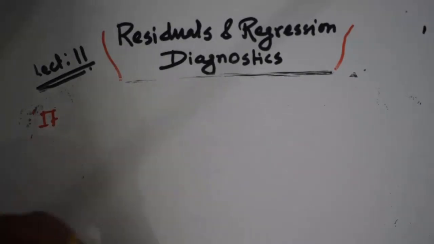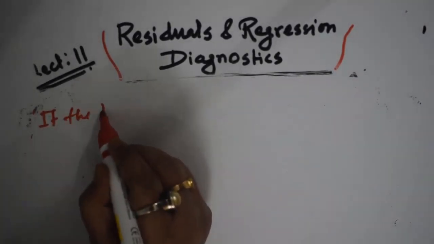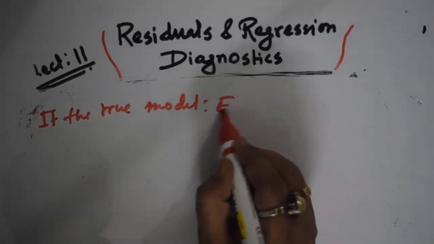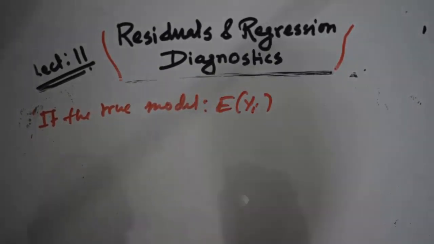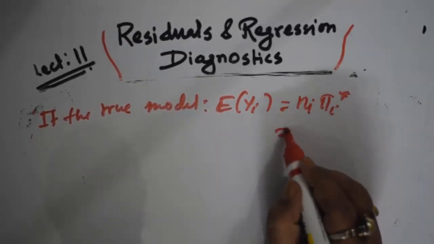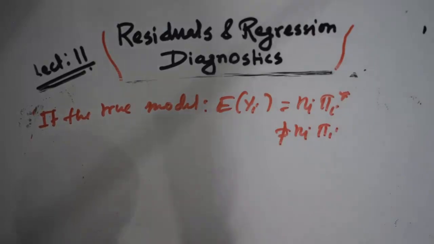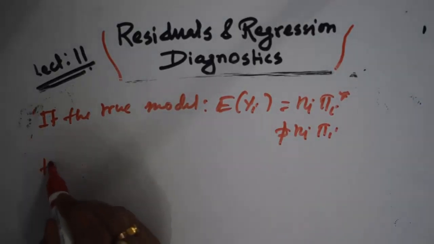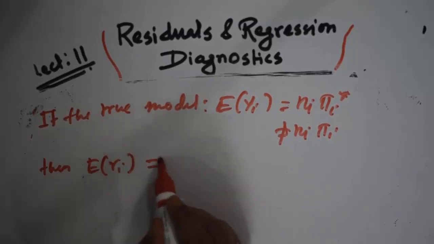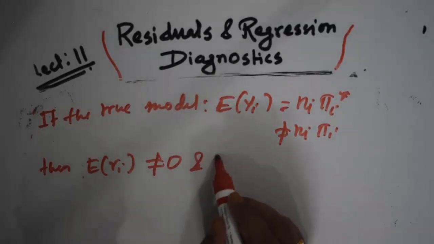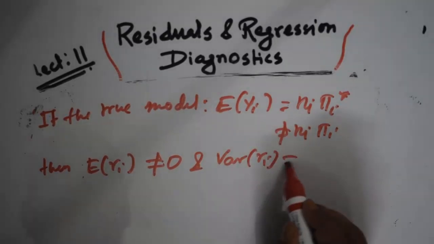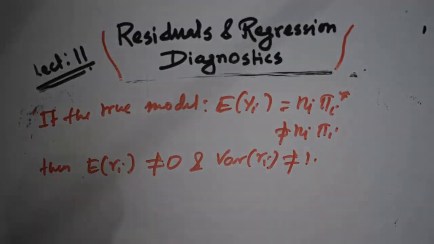If the true model expectation yi is equal to ni pi_i star not equal to ni pi_i, then expectation Ri not equal to 0 and variance of Ri not equal to 1.